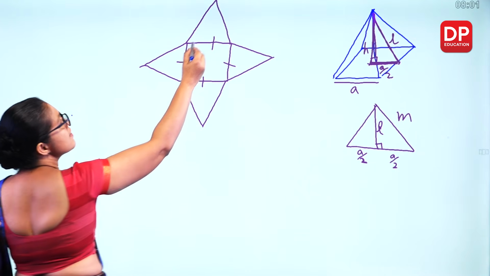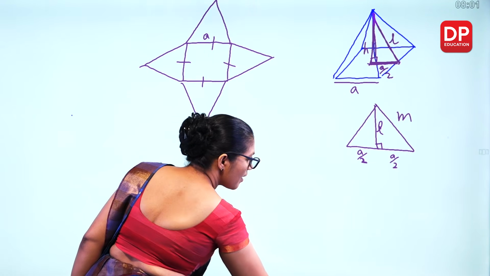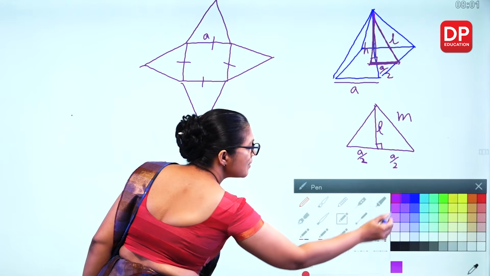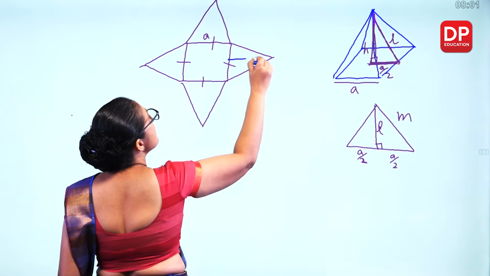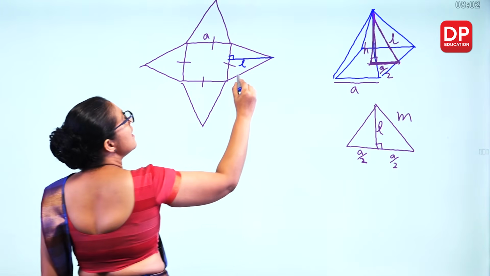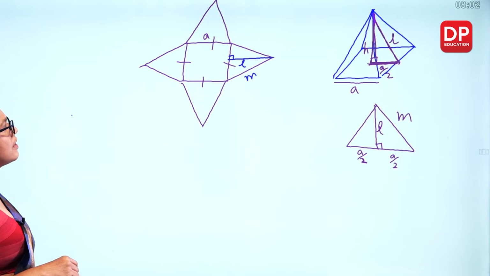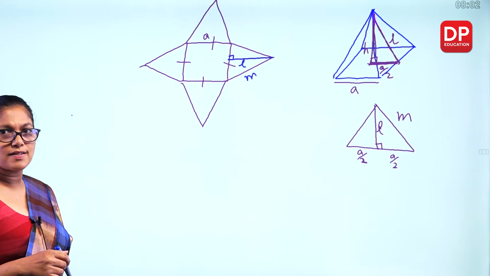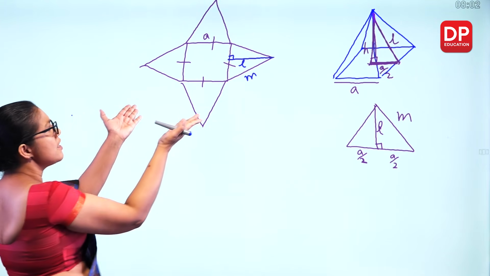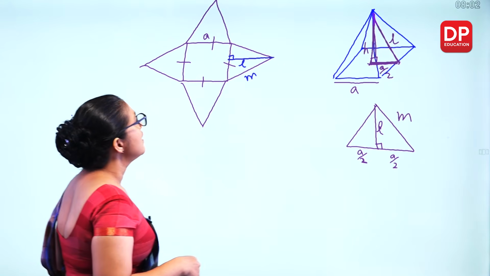Here this side is A, and I can mark all these sides again. This is the perpendicular length we took as L, and this is M, the slant edge, and the height. It's difficult to mark here because you need a closed one to mark the perpendicular height.